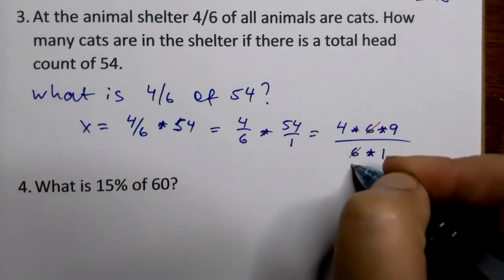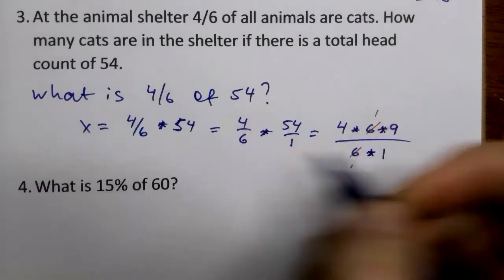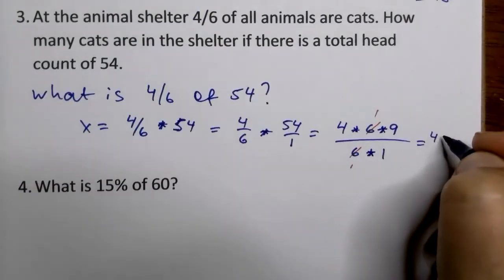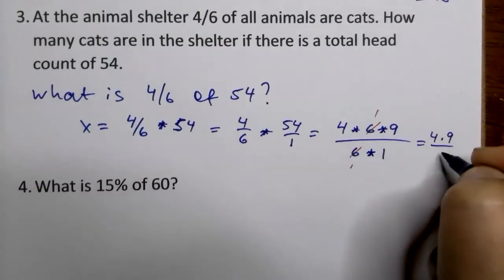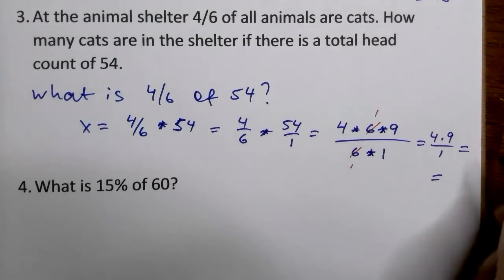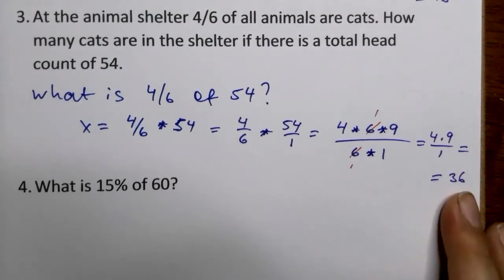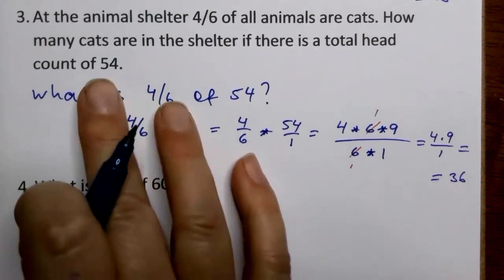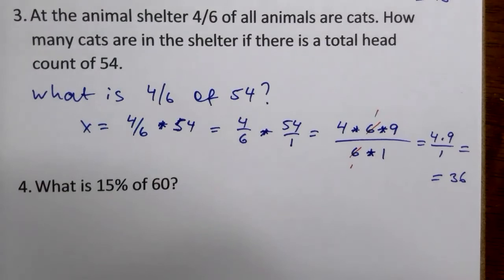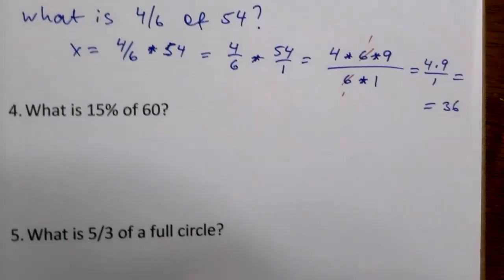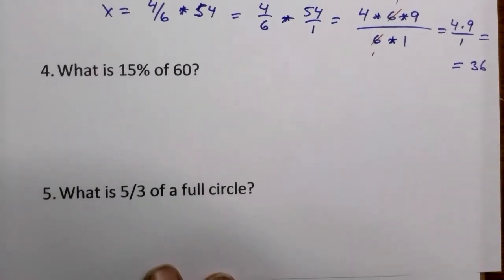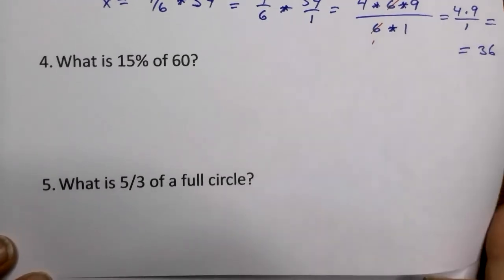So what you have left is 4 times 9 over 1, and that gives you 36. Okay, so the answer is there are 36 cats, and that's 4/6 out of 54.